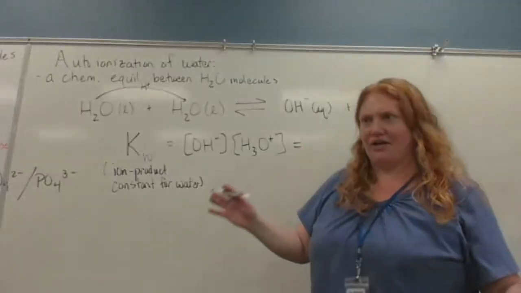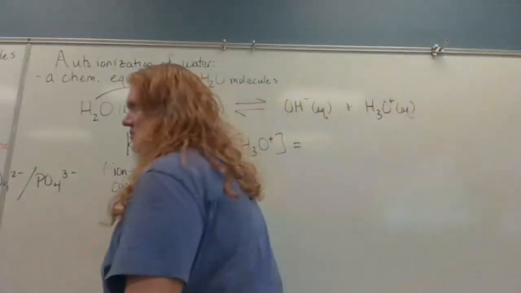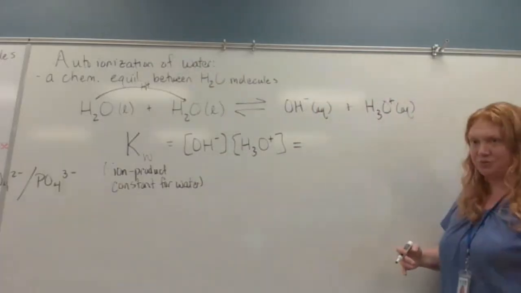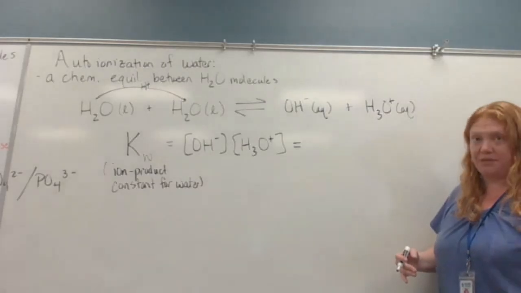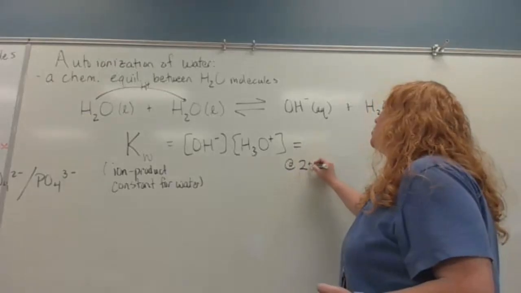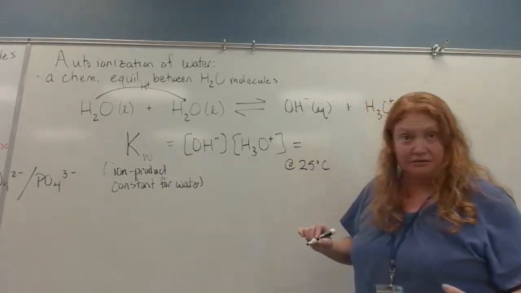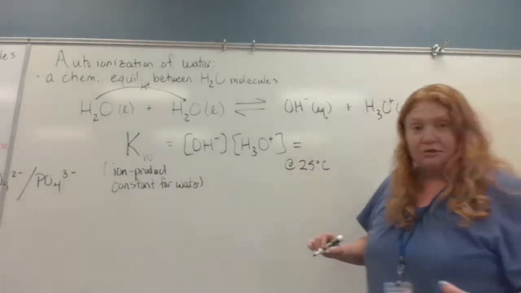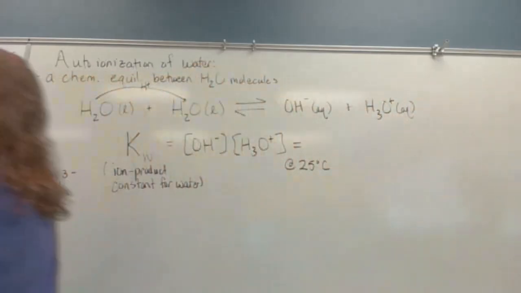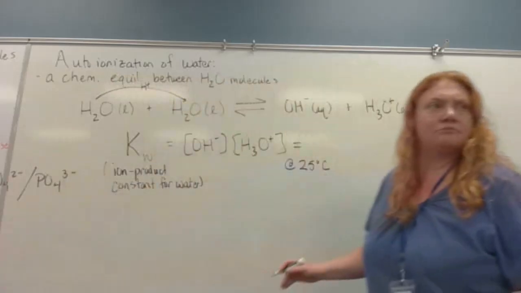And like all K values, it is dependent on what? The only thing it's really dependent on to be constant is the temperature. So this value specifically is when water is at 25 degrees C. If you go to higher or lower temperatures, this can be a different value. We will not be worrying about that, okay?